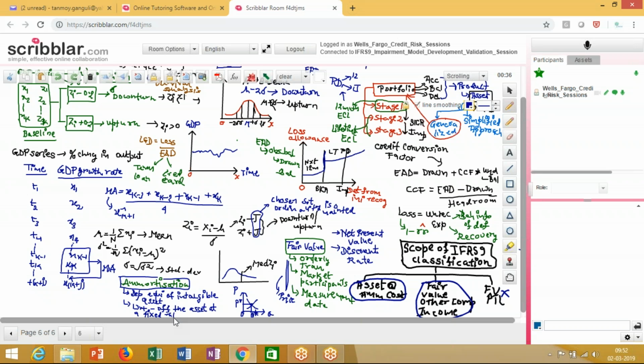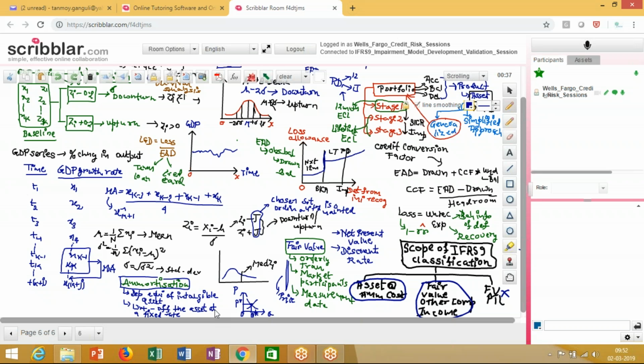You're writing off the asset at a fixed rate over a period of time, right? So that's how amortization actually happens. Let's say you have a loan and you're writing it off over a period of time. You are holding a bond for which you are gradually paying it off over a period of time, and when the face value matures, you just give it back to the person, right? So that's the way amortization actually happens.